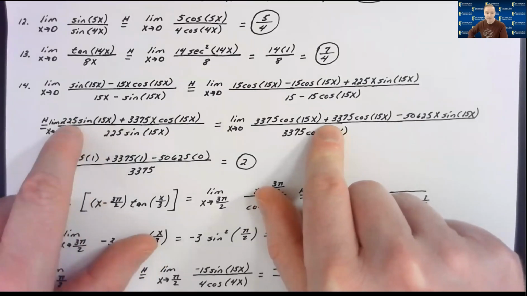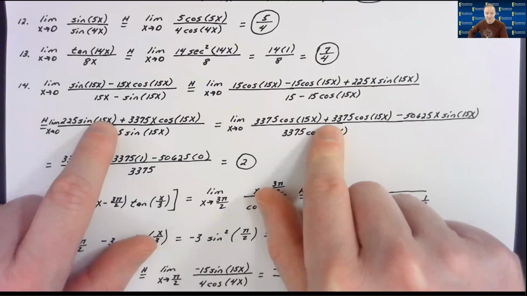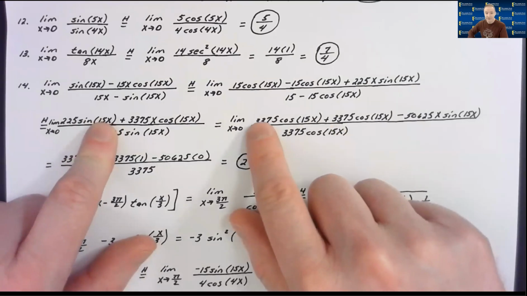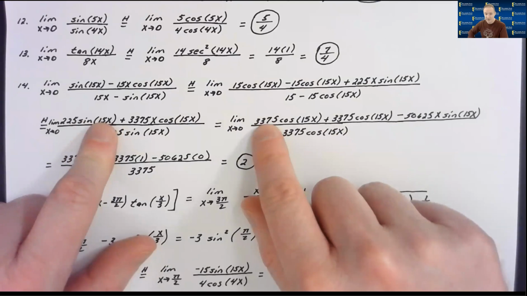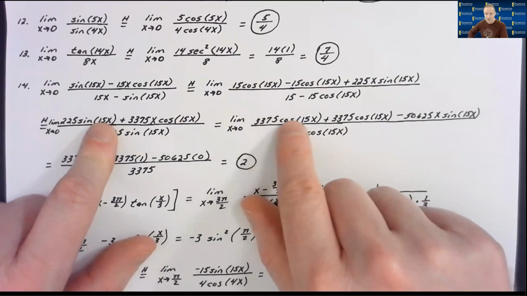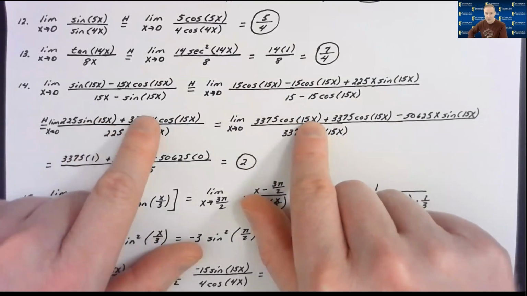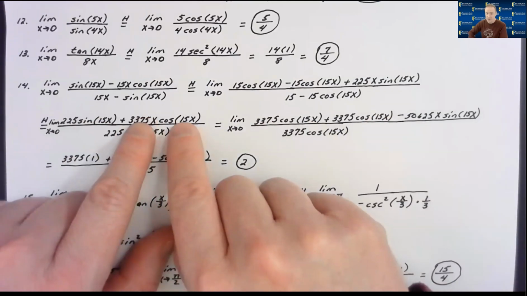So the first term, 225 sine of 15x. I can say, well, derivative of sine is cosine. So this is going to be 225 cosine of 15x times 15. 225 times 15, again, gave me my 3375 cosine of 15x. Now I move to this term, and I remember it's a product.